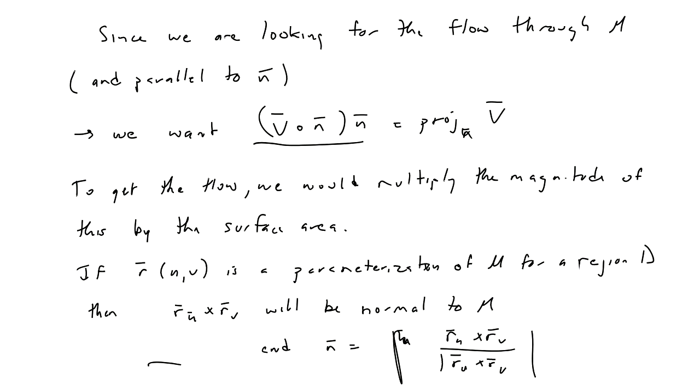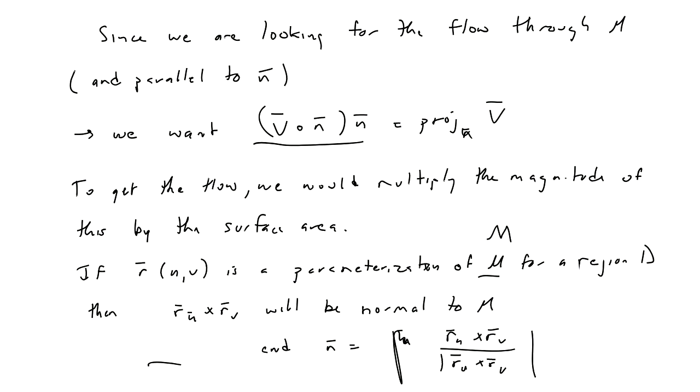So there's the normal vector, and then we're going to do the projection of V onto this, and then we want to multiply by the surface area.